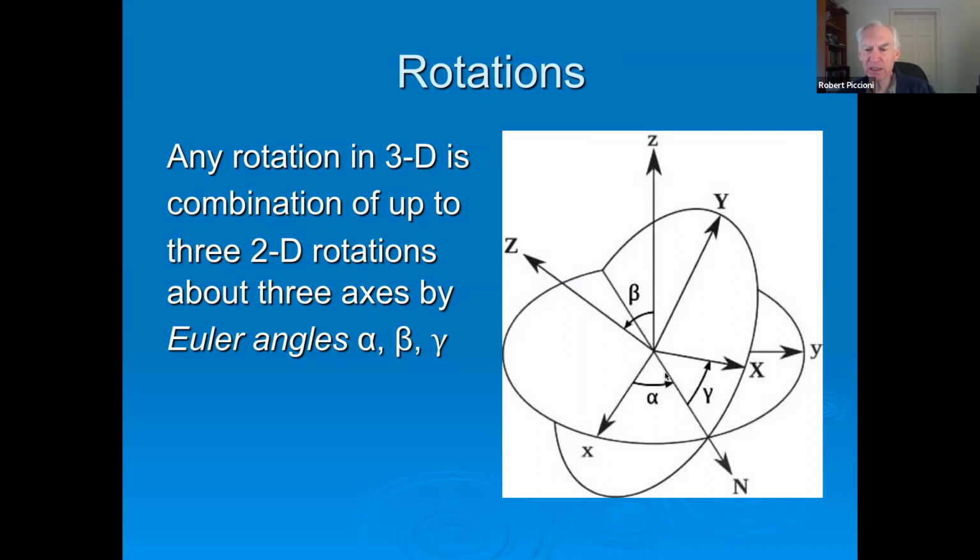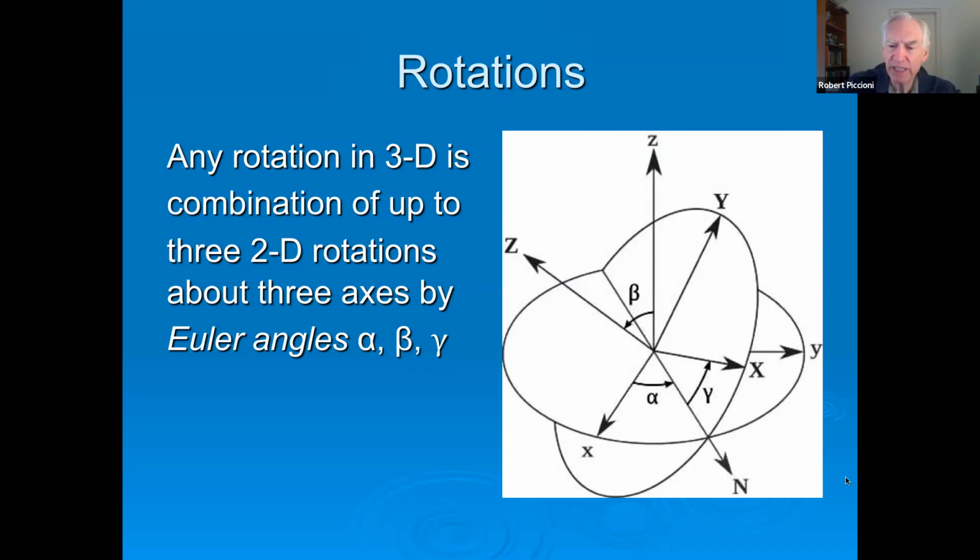That gets us to the point where this direction that used to be X has moved over to this direction that we now call N. Now we take this disk and tilt it by angle beta, so we end up with this oblong disk. And now we do a final rotation about axis capital Z, and gamma is the final rotation. So alpha, beta, gamma.